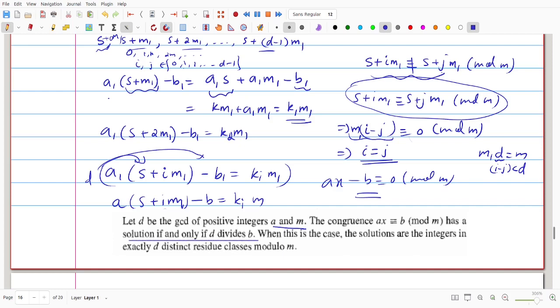That is what we have proved in this theorem. If d divides b, then the solutions are the integers in exactly d distinct residue classes. D distinct residue classes means these solutions are from distinct residue classes, that means they are not congruent.